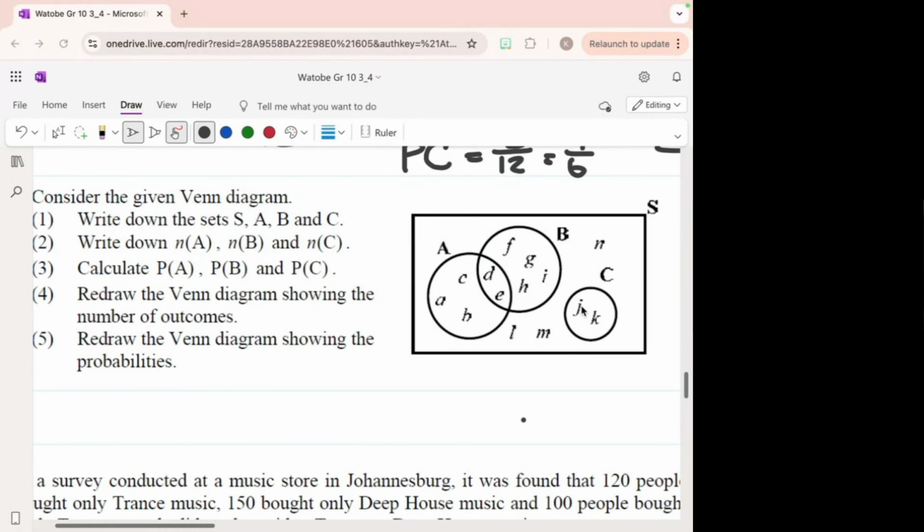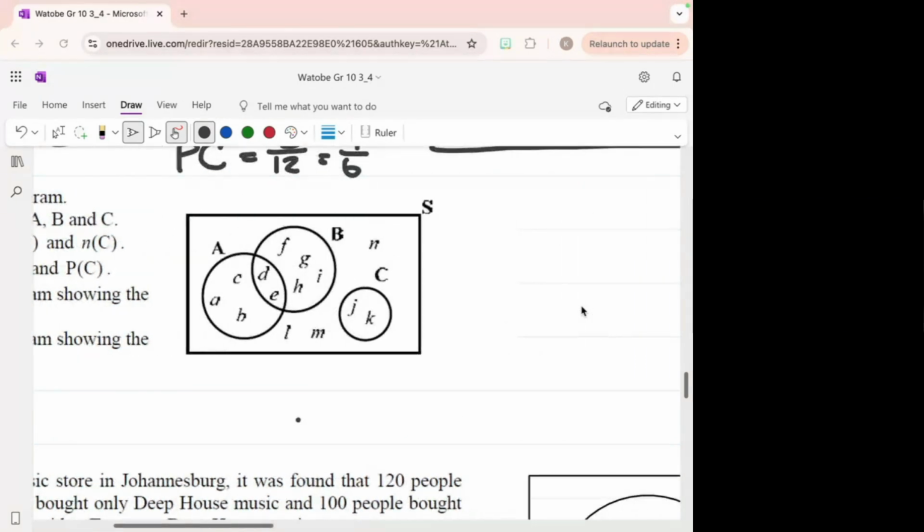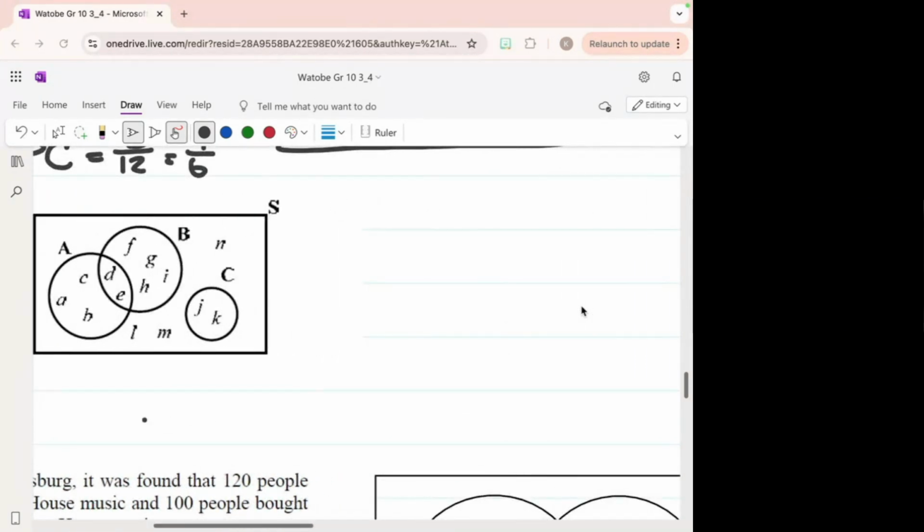Write down the sets A, B, and C. So they want us to write down the sets for A, B, and C. Let's go. I'm going to try and make some space on this side. Set for A, S, B, C.